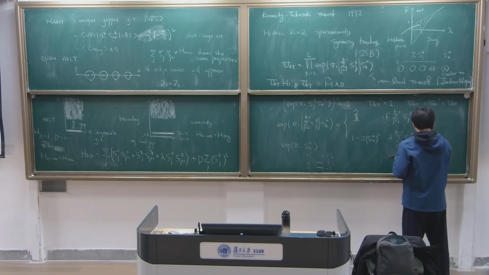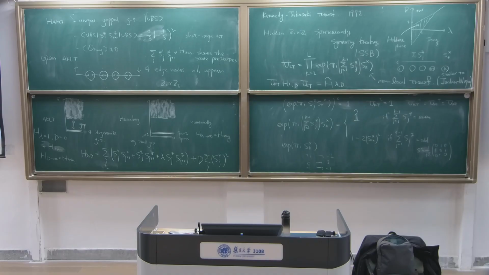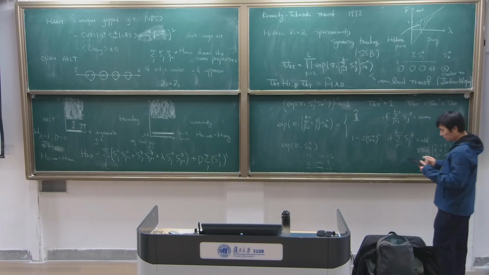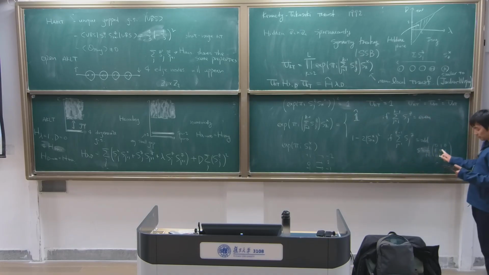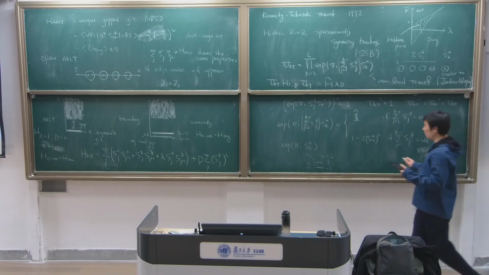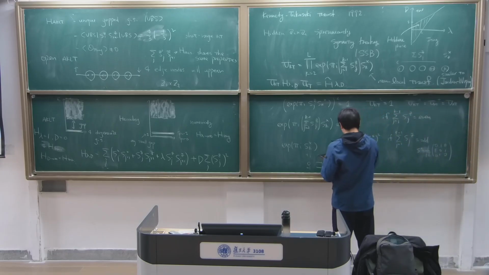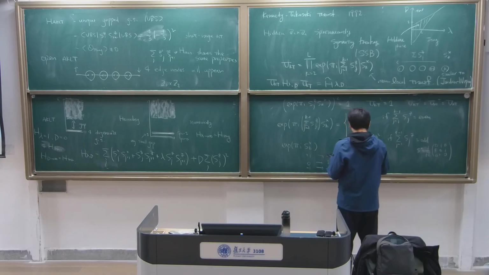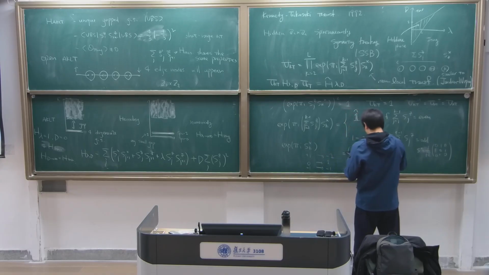What's missing? Sorry. I actually did the 1 over square root 2. Okay? Then if you square it and multiply by 2, you get this. So this is equal to 1, 1, 1, minus 1, 2, 1.